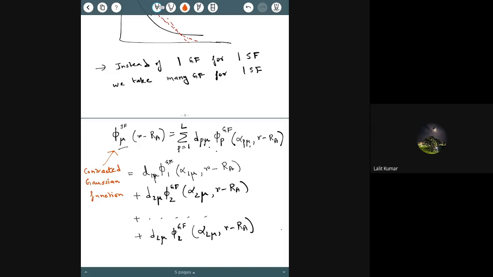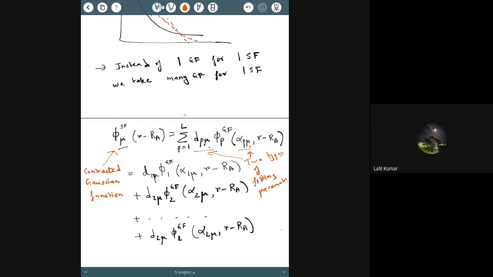And now we have more variables which we can optimize. So now we can optimize both this and this. So we have two types of fitting parameters, and this allows us to describe the function better.